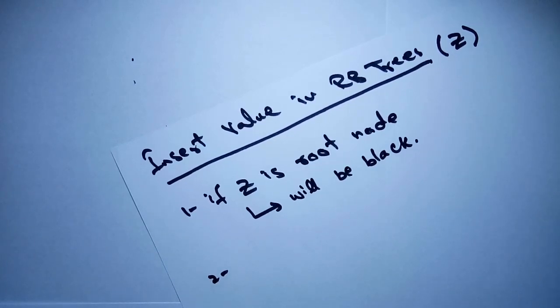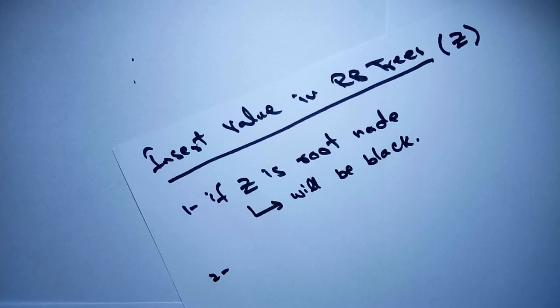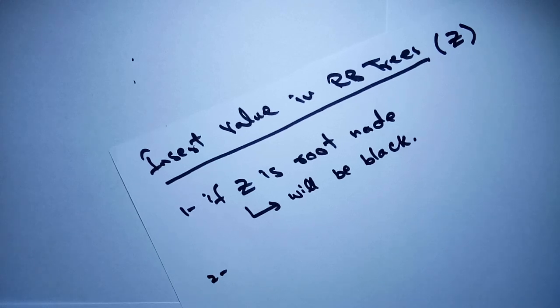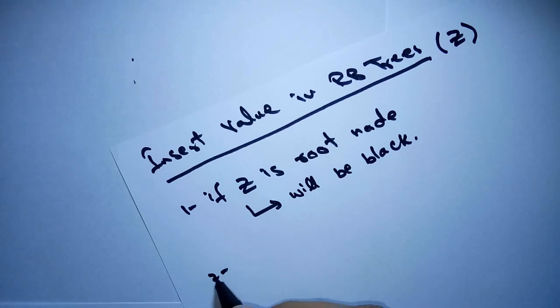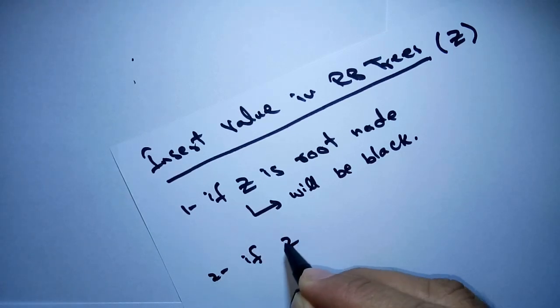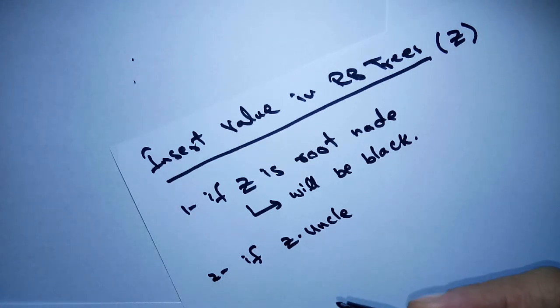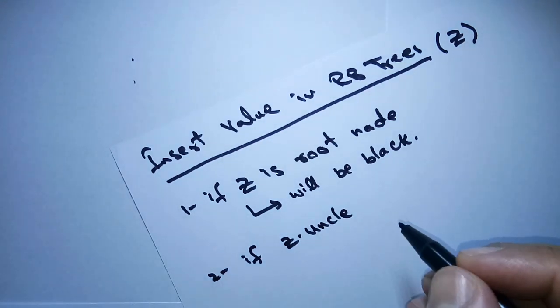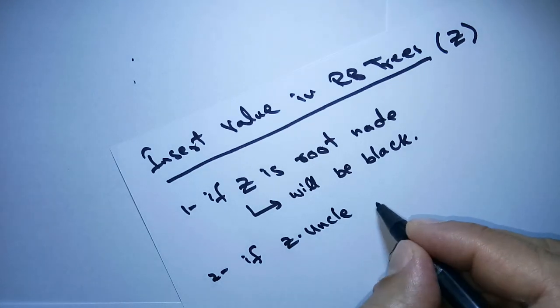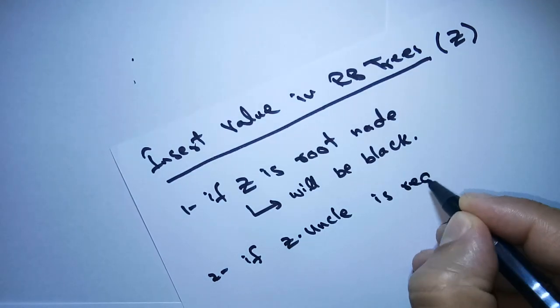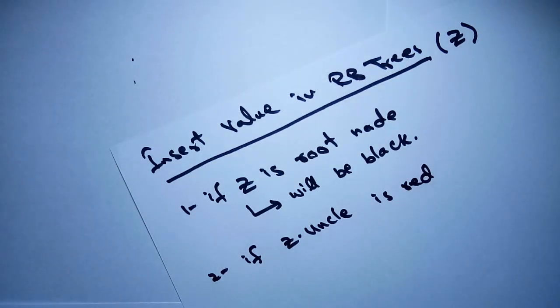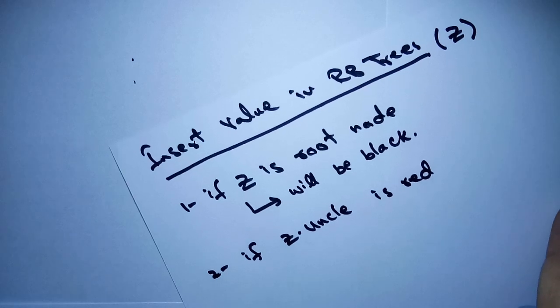When you have inserted a new node, you need to check the uncle of that node. So if Z dot uncle, we will do one example and we'll understand what it means. If the color of Z dot uncle is red, that means the color of the uncle of the new node is red, then what do you need to do?